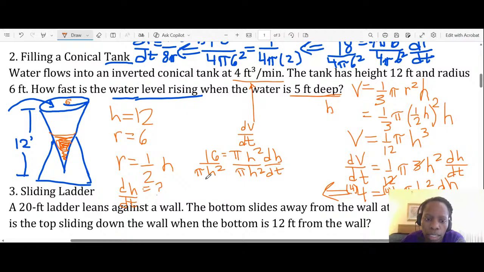So we're going to get 16 over 25 pi equals dh/dt. Okay. That is going to be our final answer because we can't reduce. There are no common factors here.